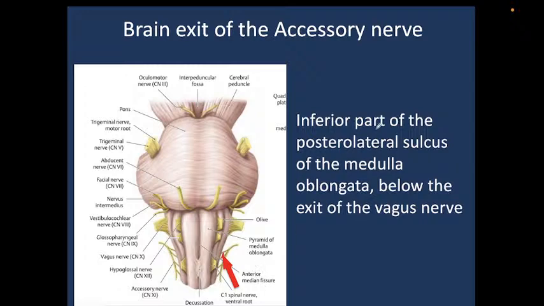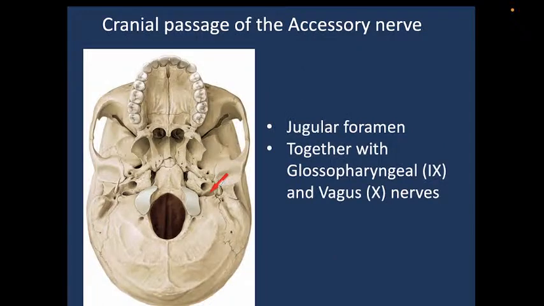The cranial root is located in the posterolateral sulcus, right below the exit of the vagus nerve, and it uses the same cranial passage as the glossopharyngeal and vagus nerves, that is the jugular foramen.